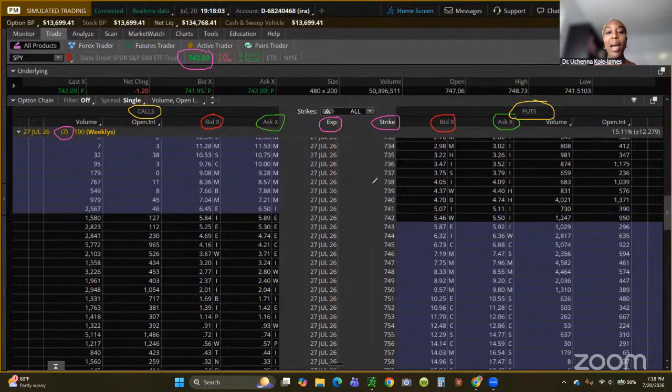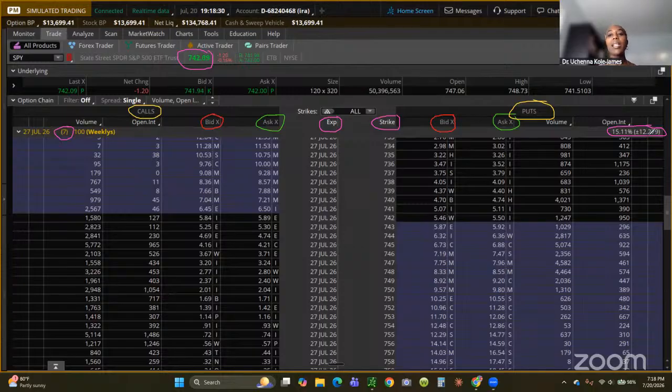What strike am I going to purchase? Okay, because I think it's going to go up. So I want to buy a long call. So $3 move is not that much, right? Also, something I want to highlight to you is something called implied volatility, which is right here. And this is specific to each expiration.